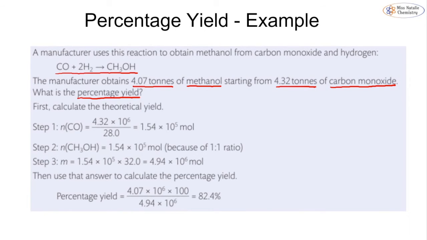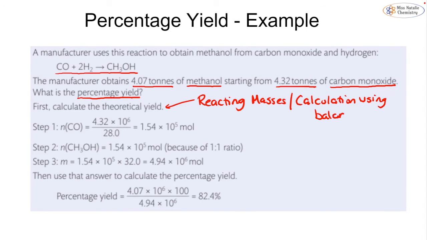So the first thing you do is calculate the theoretical yield, and this is reacting masses, or in other words, a calculation using the balanced equation. So this is your 4 steps. Step 1, your balanced chemical equation, done.